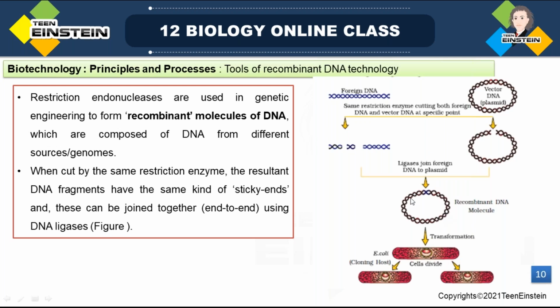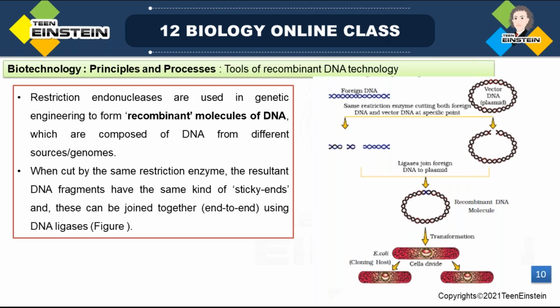So we are using the restriction enzyme for what purpose? The combination of two different DNA molecules from different sources or different genomes. To combine them, in genetic engineering, for that purpose we are using the restriction endonuclease.